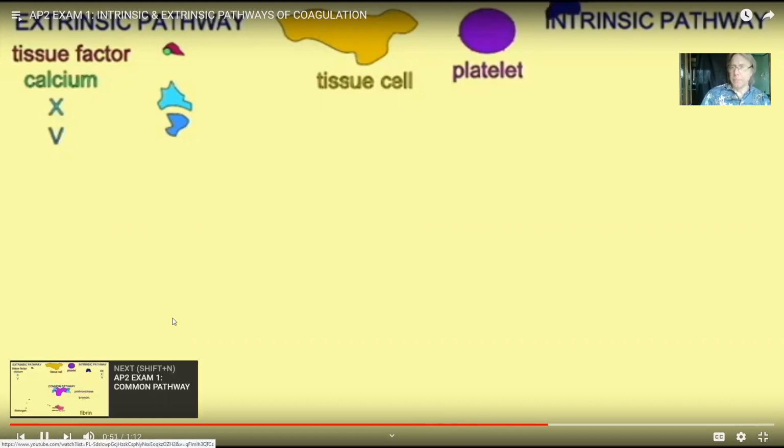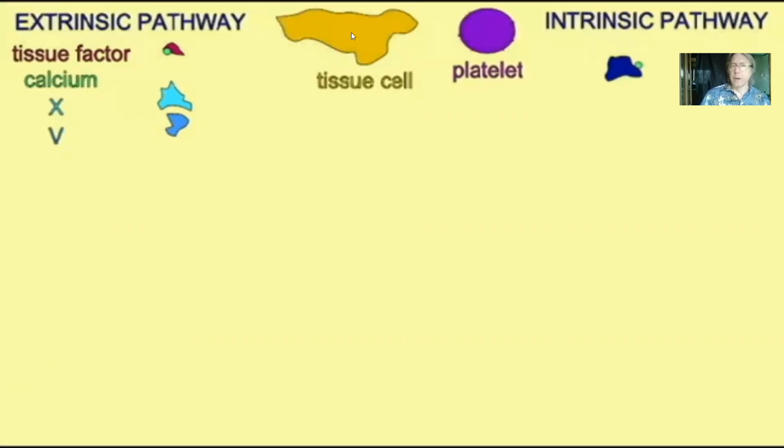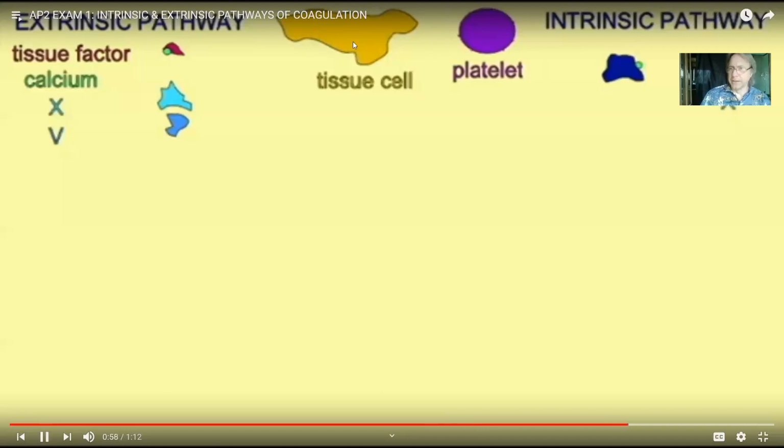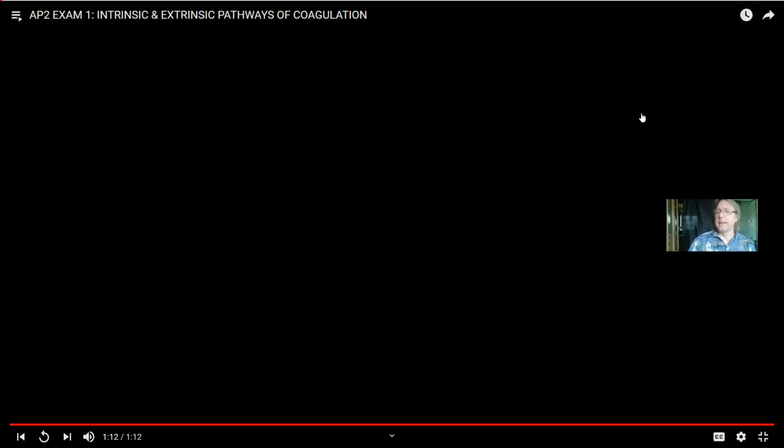So both of these are ways that clotting can occur: either from signals outside the blood vessel, like tissue factor in the extrinsic pathway, or by the release of platelet granules inside this.